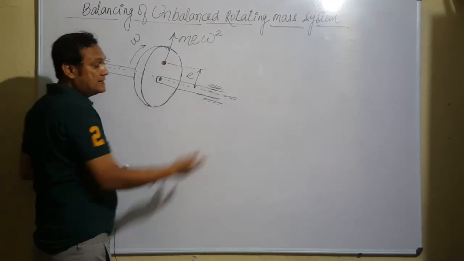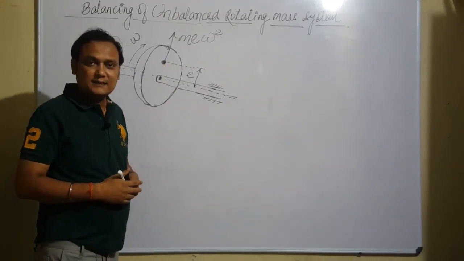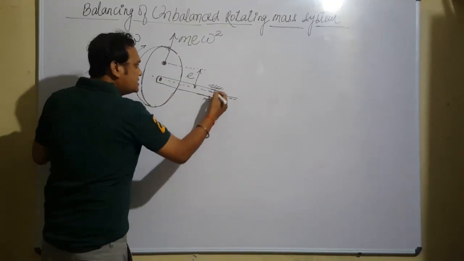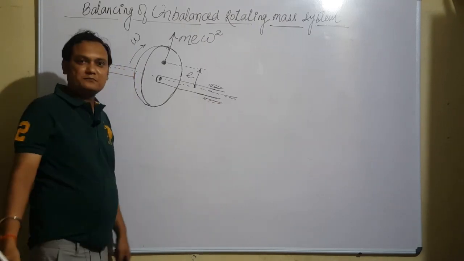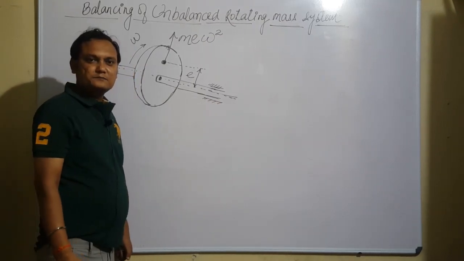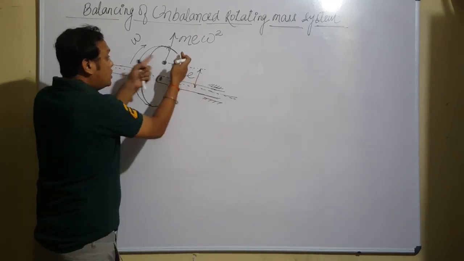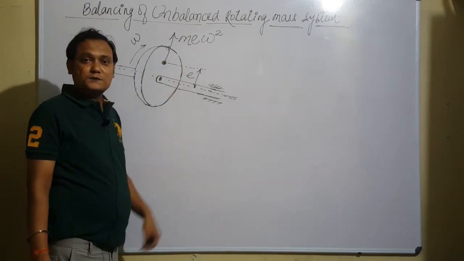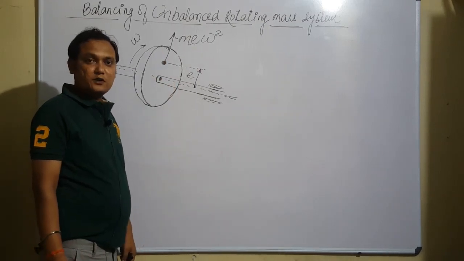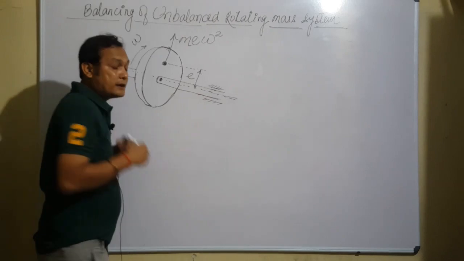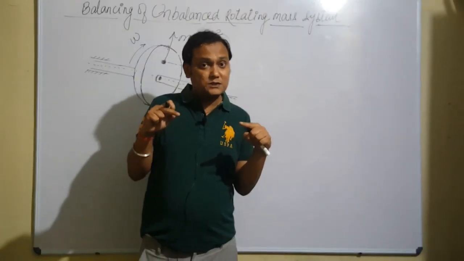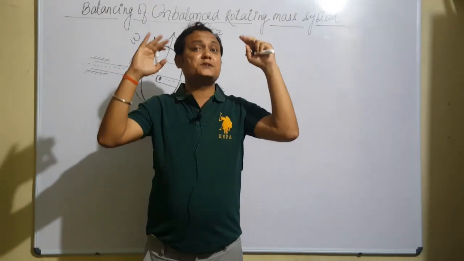And as a result, immediately reactions will come into picture. Reactions will come into picture because of this centrifugal force. So those reactions are going to be additional reactions apart from the reactions which are coming because of the weight of the system.